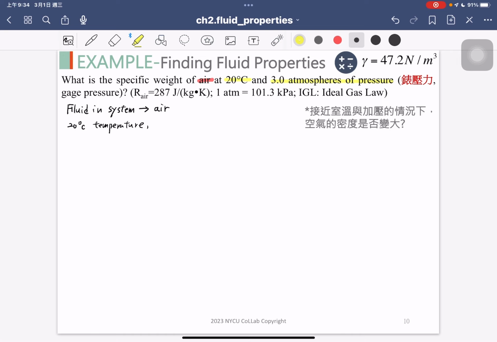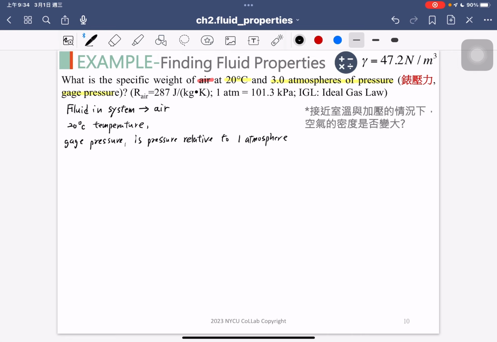But the pressure here is the gauge pressure. Right now you may not know what the gauge pressure is, so I can tell you: the gauge pressure is the pressure relative to 1 atmosphere.